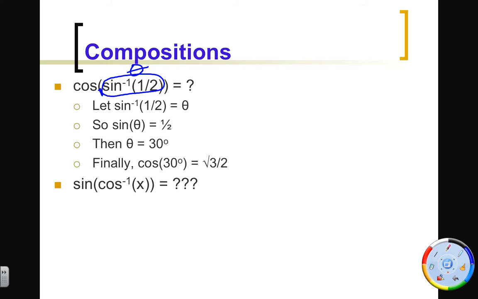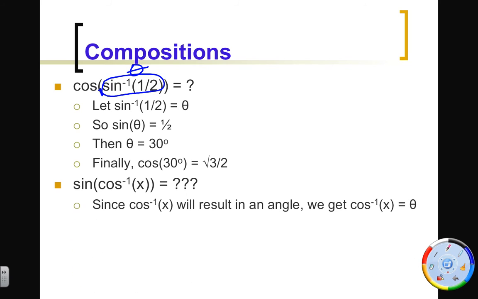What about sine of cosine inverse of x? This is where it gets challenging. So same idea as before. This means cosine inverse of x equals theta. So we can say cosine of theta equals x. And we're going to actually create some right triangle stuff here.